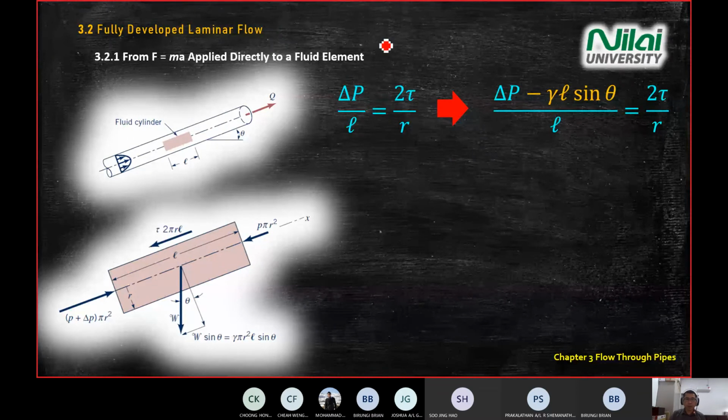So when you have a horizontal pipe, you change to an uphill pipe like this diagram with theta positive. What you need to modify in the equation is your delta P: you minus specific gravity, L, length, sine theta.